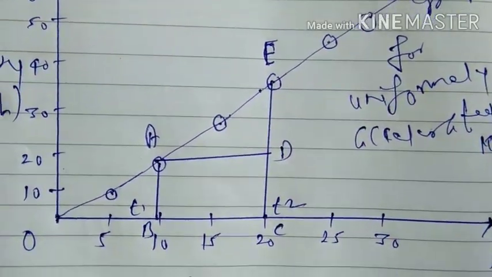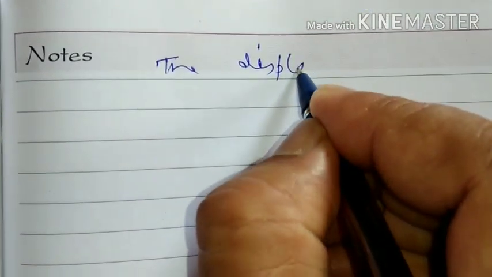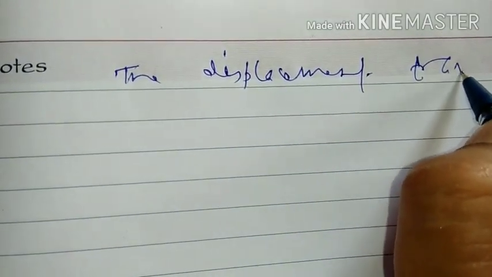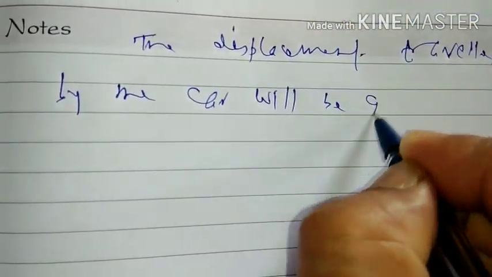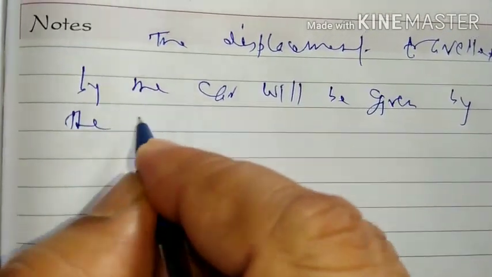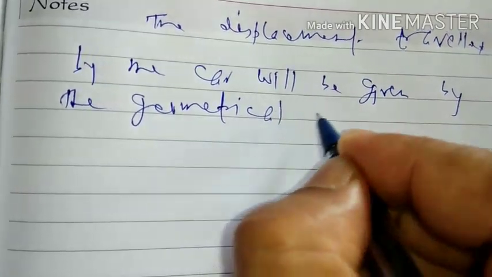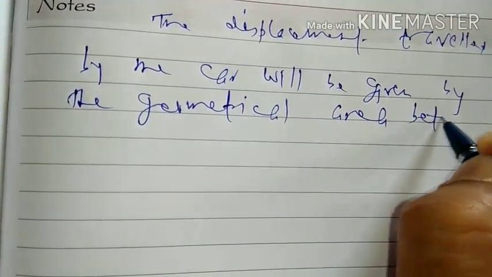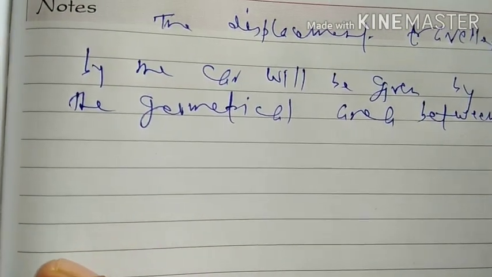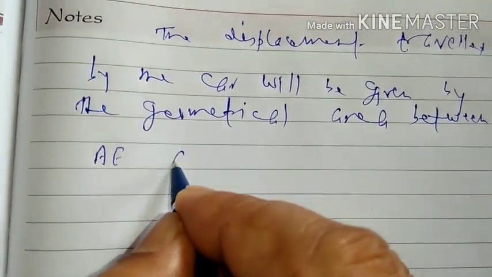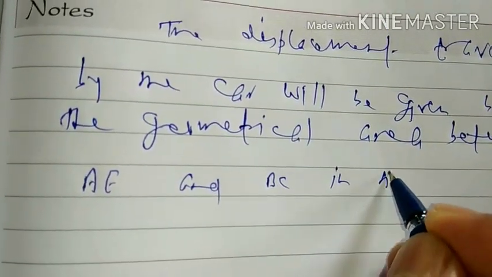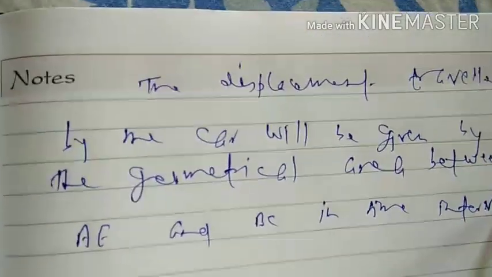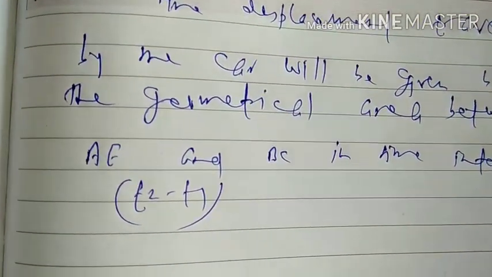So using the concept of last class, we can write that the displacement traveled by the car will be given by the geometrical area between AE, that is velocity time graph, and BC in time interval t2 minus t1. This is the time interval.